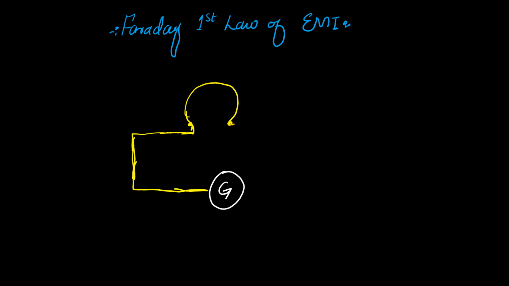Since this is a conducting loop, suppose that we have a magnet placed near this conducting wire like this.